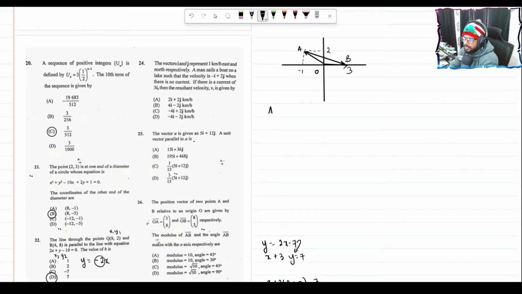We want the resultant vector AB is equal to AO plus OB, which is -OA plus OB, which is negative -i plus 2j, plus OB is 3i. So we get i plus 3i is 4i, and the only one with 4i is B.